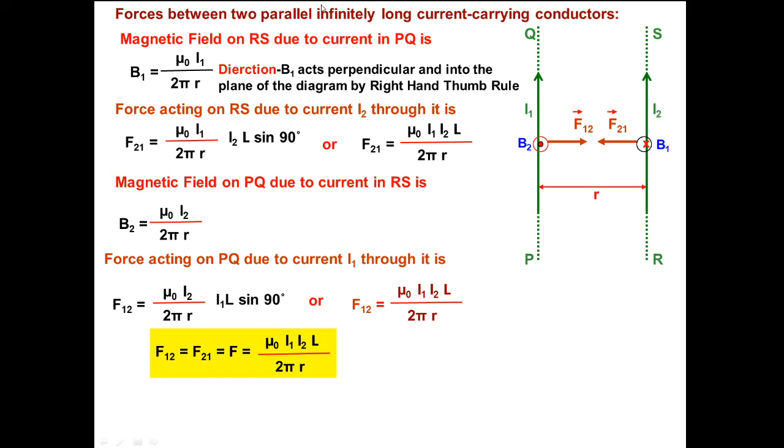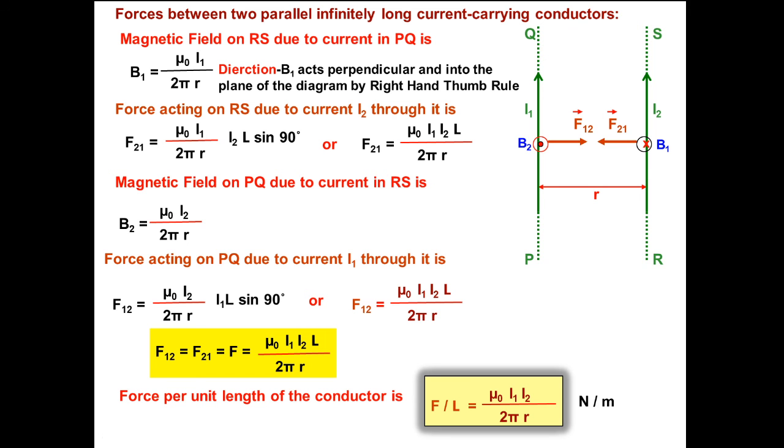See, the magnitudes of F21 and F12 are the same. So let it be F, equal to mu naught I1 I2 L by 2 pi r. From here, force per unit length of the conductor, F by L, equal to mu naught I1 I2 by 2 pi r newton per meter.